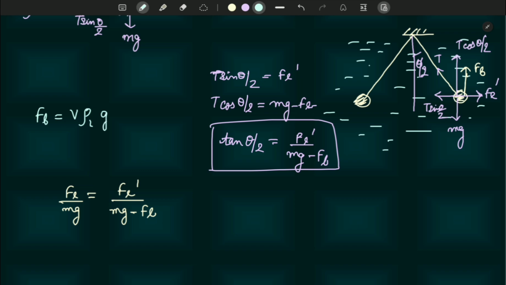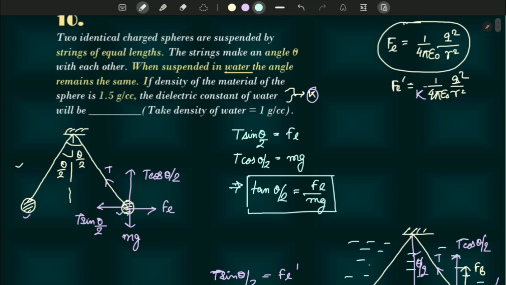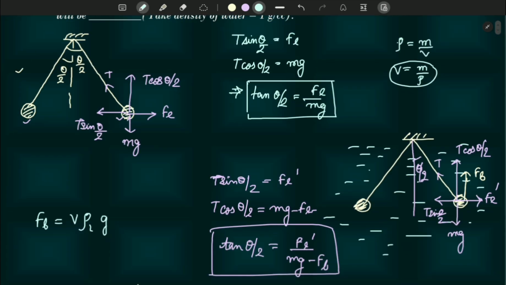Now volume, I don't know in the question where it is given, but I know that density is mass by volume. So from here volume is mass by density. Now here mass I know, m I have already taken as mg, and density is given as 1.5 gram per cc, density of the material of the sphere. So volume I will get as mass by rho.